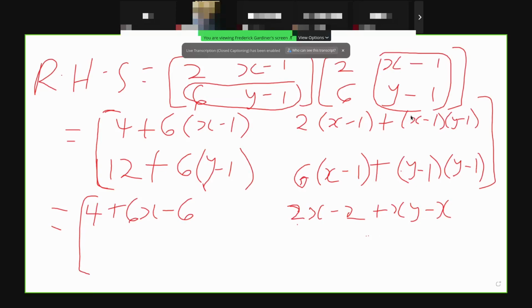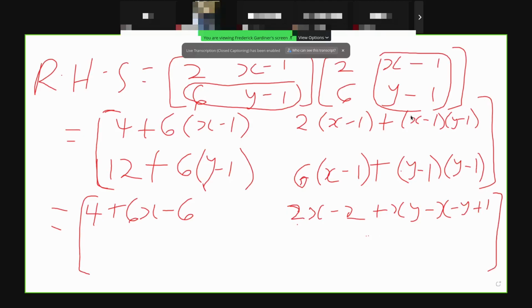So you have 2 brackets. Every term in the first bracket is going to multiply every term in the second bracket. So x multiplies y, then the same x multiplies negative 1 to give us negative x. Then negative 1 takes on y to give us minus y. The same negative 1 takes on negative 1 to give us positive 1.